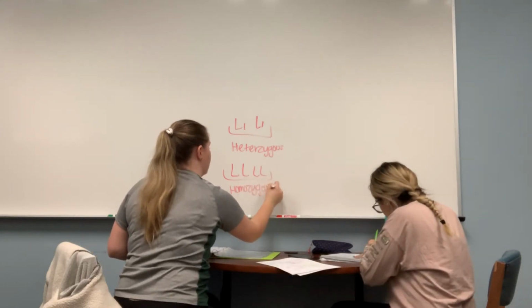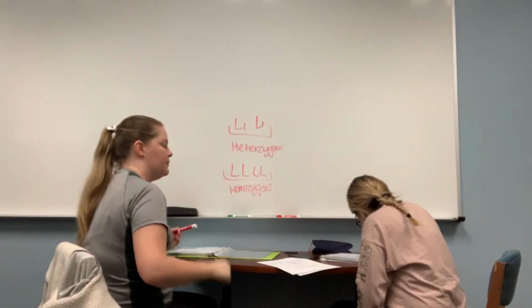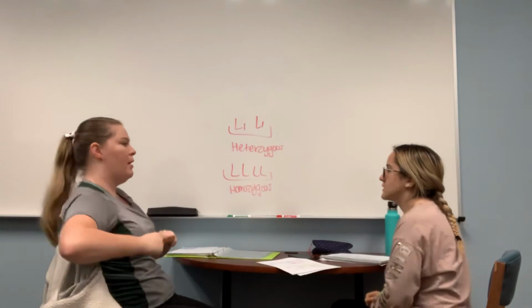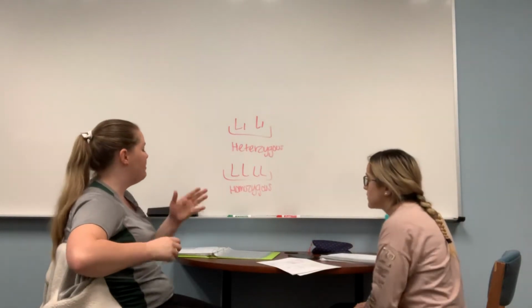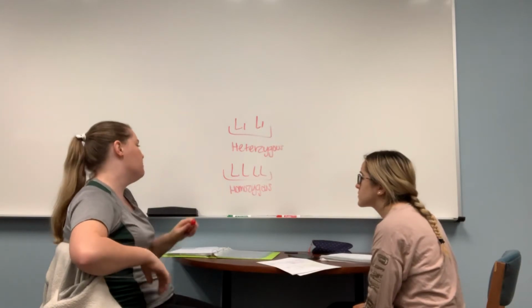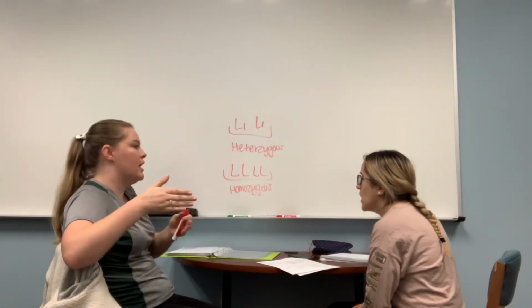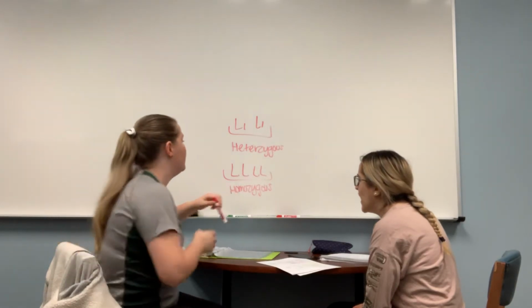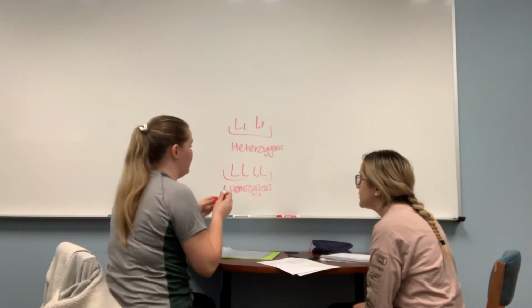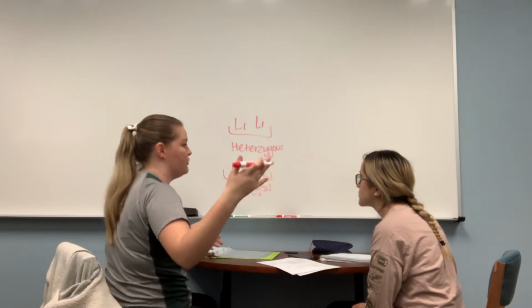Because you might get a question, I mean, when do you have your next exam? Wednesday. Oh, jeez, coming up. You might have a question that says, fill out the Punnett square for someone who's homozygous for a certain allele and someone who's heterozygous for another allele.